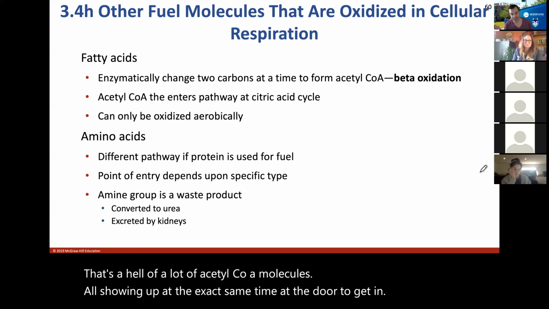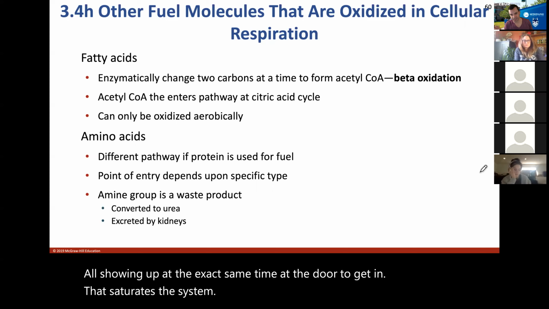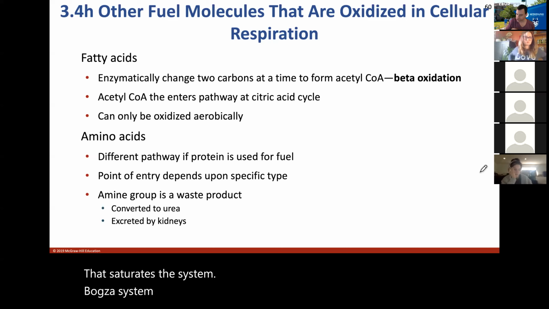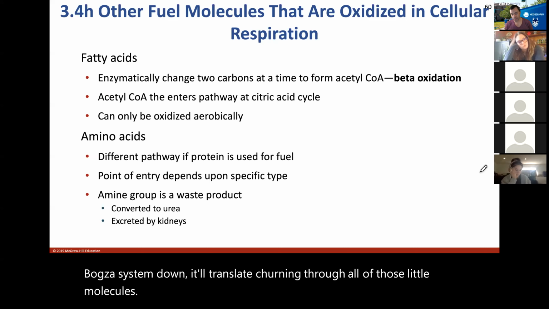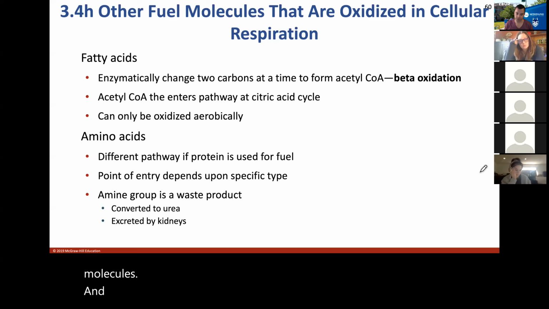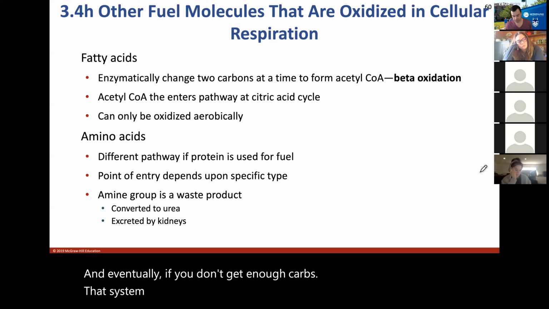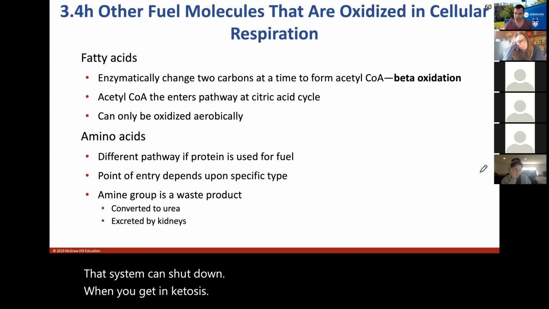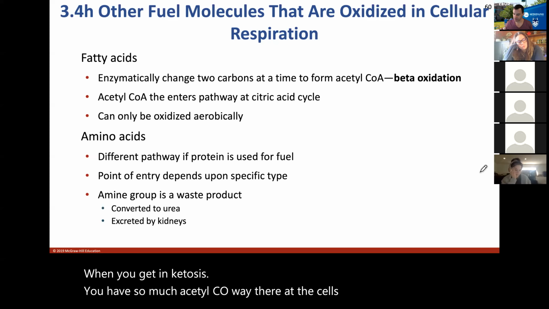That saturates the system. It bogs the system down. It'll start churning through all of those little molecules. And eventually, if you don't get enough carbs, that system can shut down. When you get in ketosis, you have so much acetyl-CoA there that the cell's like, oh crap, you dudes ain't supposed to be here.